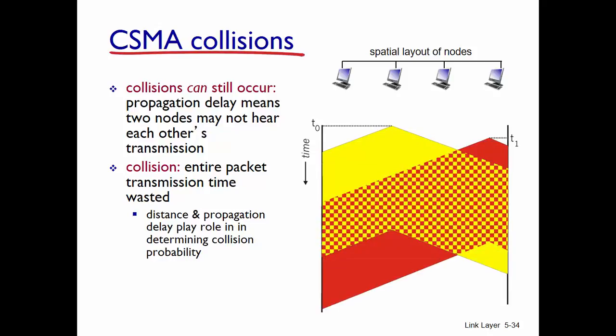Okay, so in this case, collisions can still occur, and part of the reason is that even though two nodes listen, they don't hear anything on the wire. The problem is there could be some propagation delay. There may be something on the wire, but that signal hasn't reached that particular host yet.